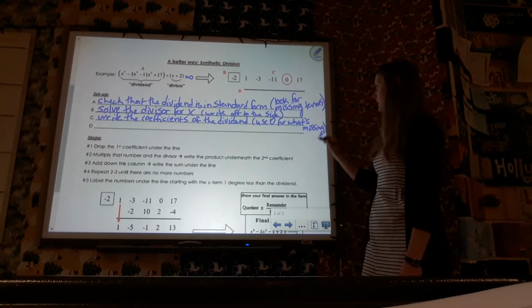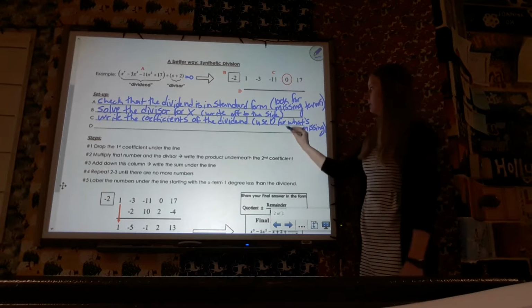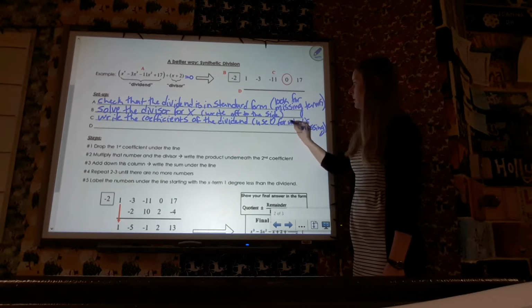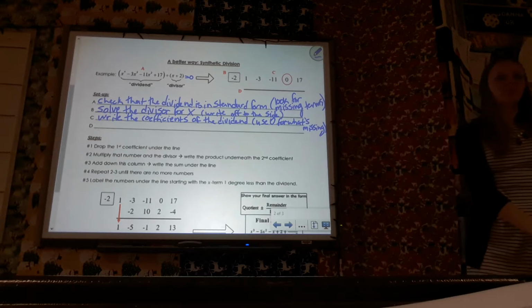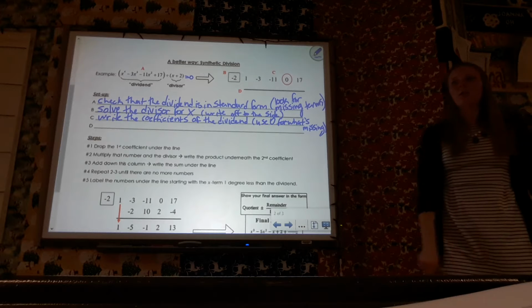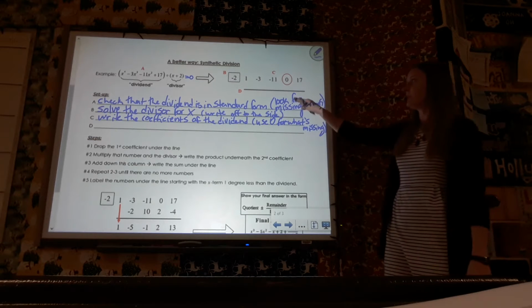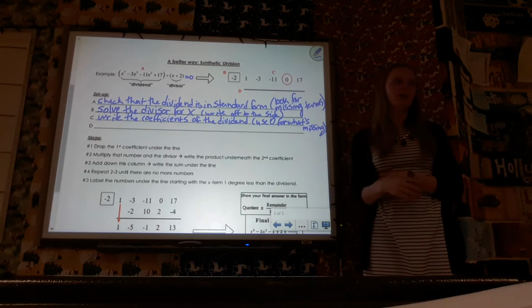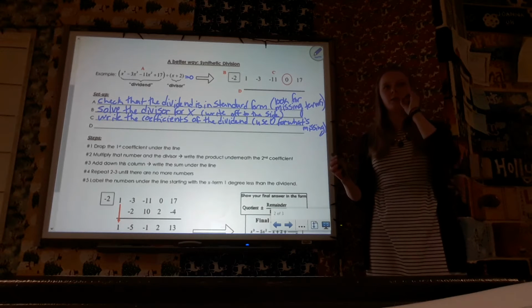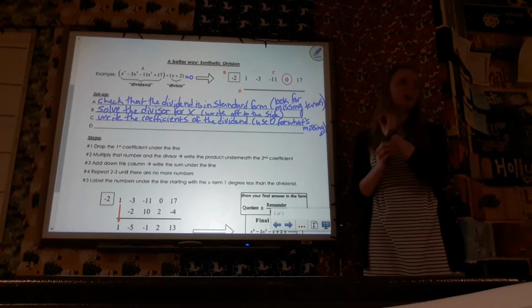Use a 0 for what's missing. That's why it was important in step 1 to take note of what's missing, because if a piece of the standard form is missing, you can't just ignore that. You have to put a 0 in its place, so it's like a placeholder.